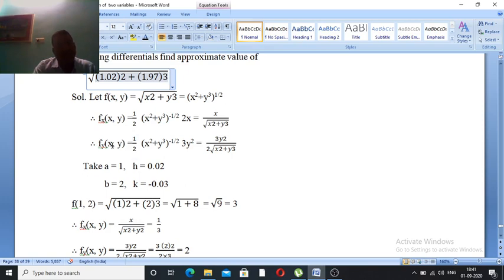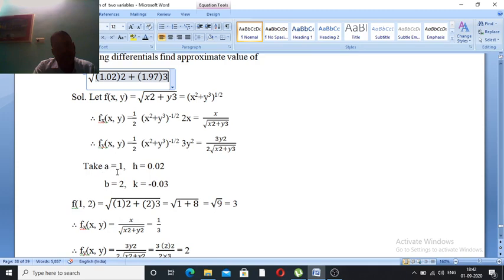Again differentiate with respect to y. f_y(x,y) is equal to 1 half (x square plus y cube) raised to minus 1 half, and the derivative of y cube is 3y square. x square is constant, therefore its derivative with respect to y is 0. So f_y is equal to 3y square upon 2 under root of x square plus y cube.